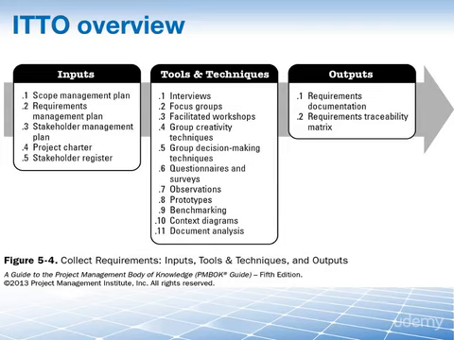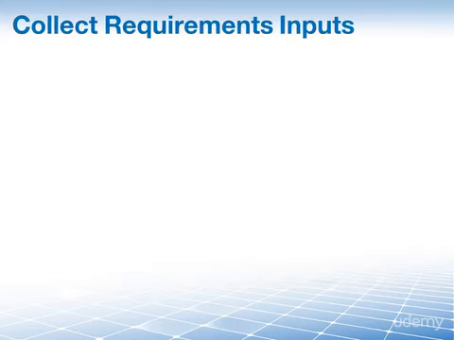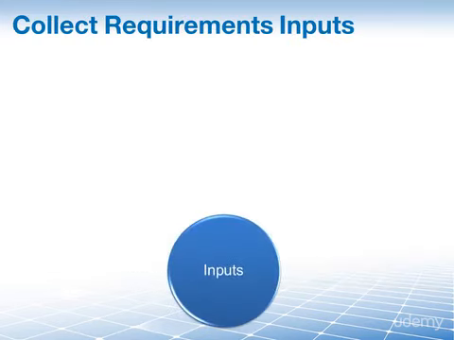So let's start with the inputs. The 5 inputs in this process all come to us from various other processes, which means that each of these 5 items is reviewed in detail in those lessons where they are originally created. So right here, we're only going to do a quick high-level overview.